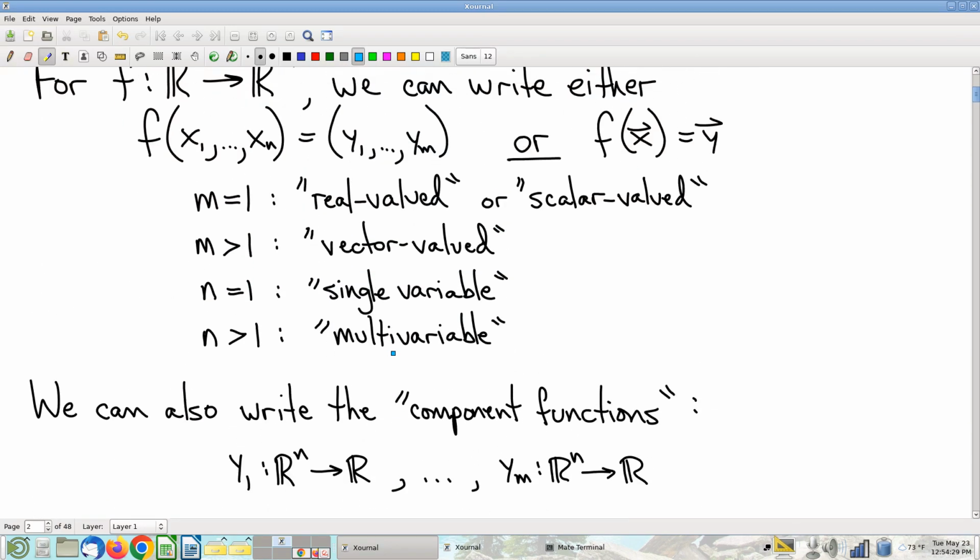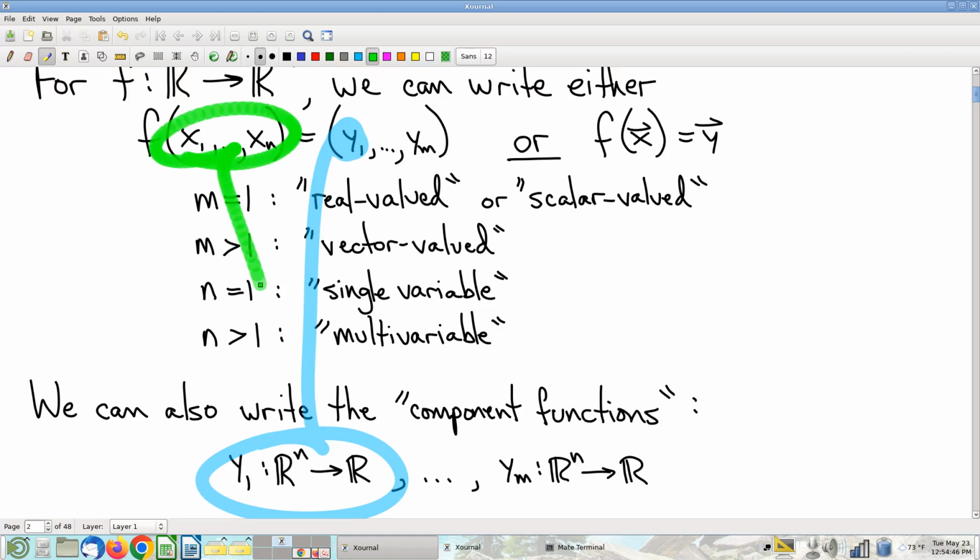And then real quick, notice if the output vector is a function of the input variables, individually, one at a time, the output components are also functions of, well, all of the input variables.